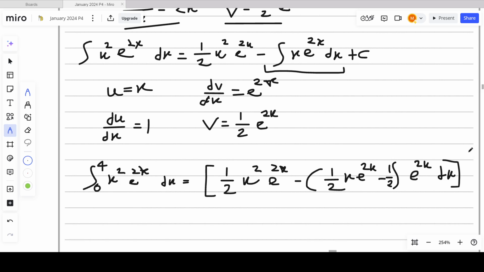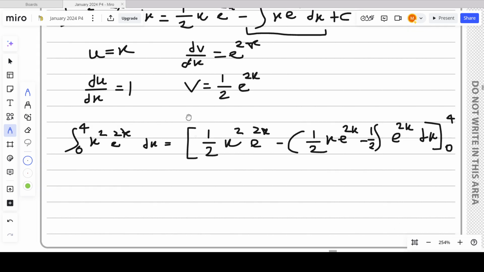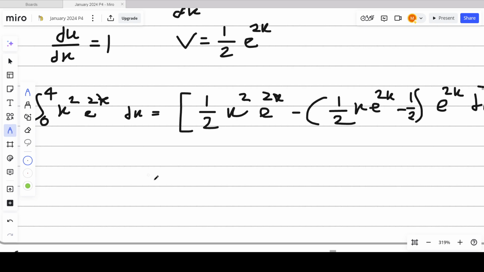The upper limit is 4 and the lower limit is 0. Now simplify. We still have an integral within this definite integral, so we need to integrate it first, and then substitute the limits.